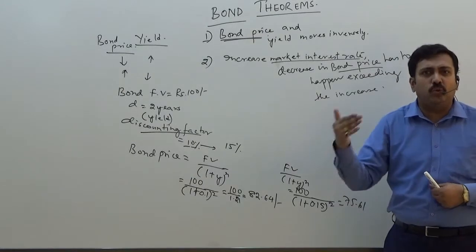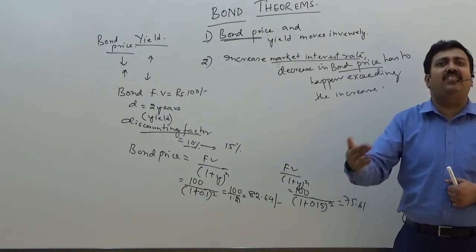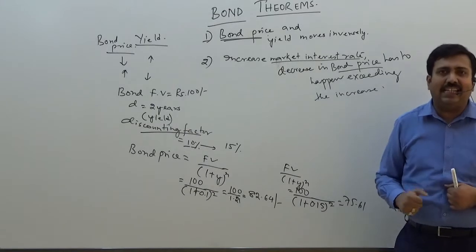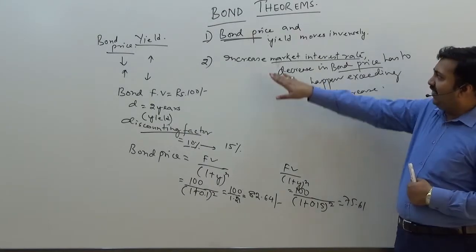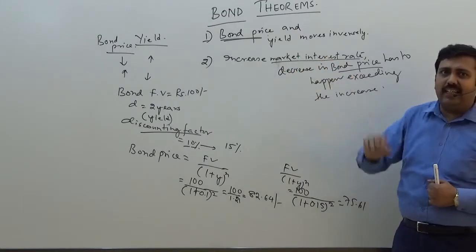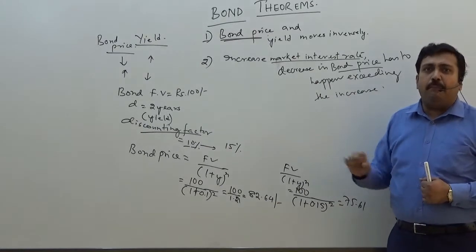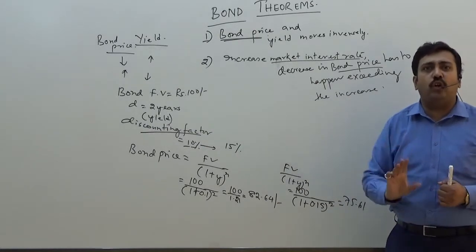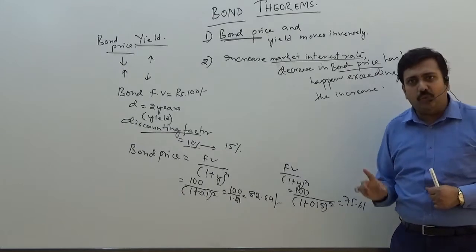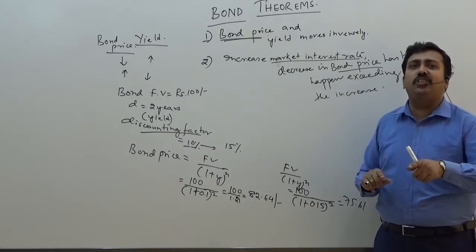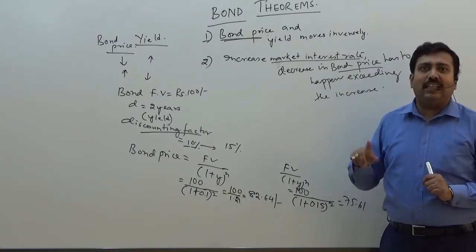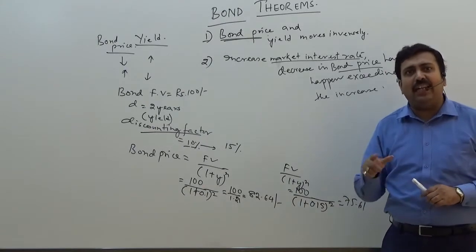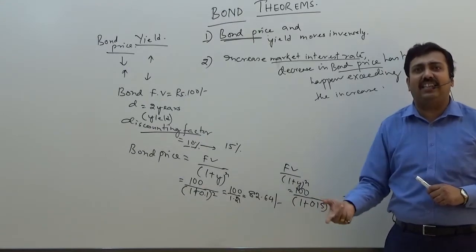They might go to a marketplace and start investing over there. So the moment there is an increase in the market interest rates, my bond price has to fall. Now my question is, how much is it going to fall? The fall will happen at a much faster rate.